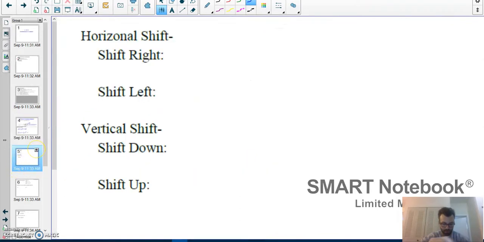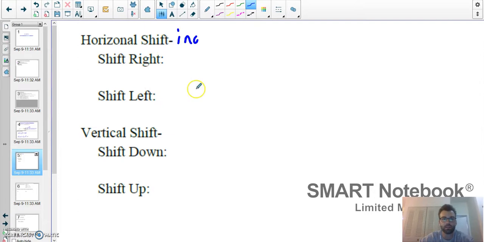Well, there's something going on here. We're talking about horizontal and vertical shifts. As I alluded to before, horizontal shifts apply inside our function. If I want to shift right, it's actually the opposite of what you would think.